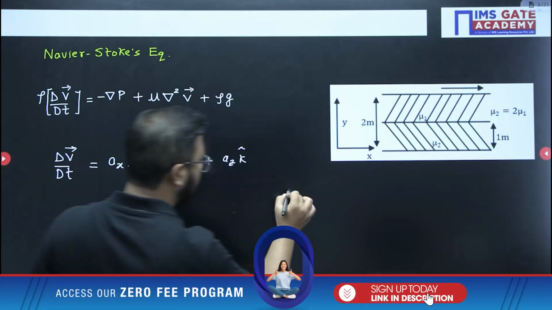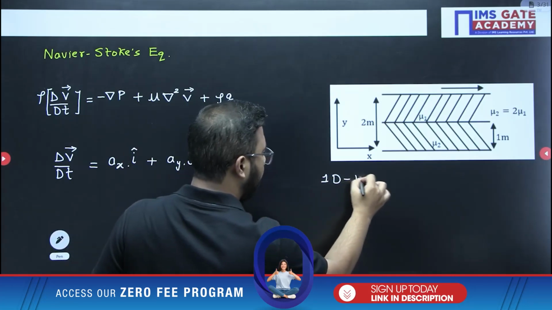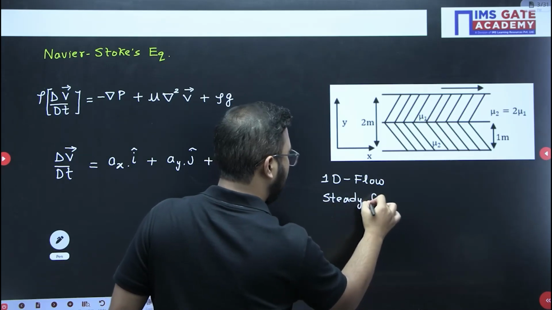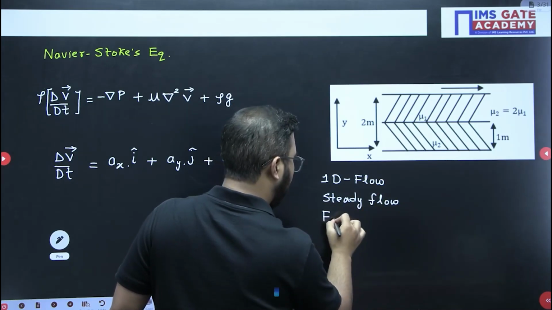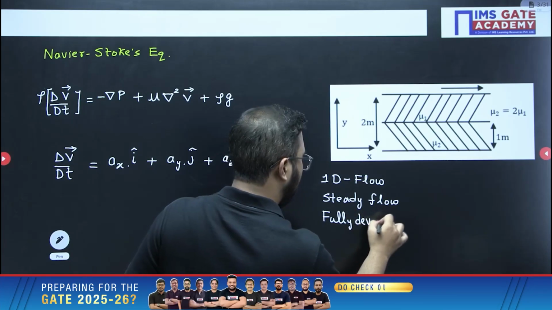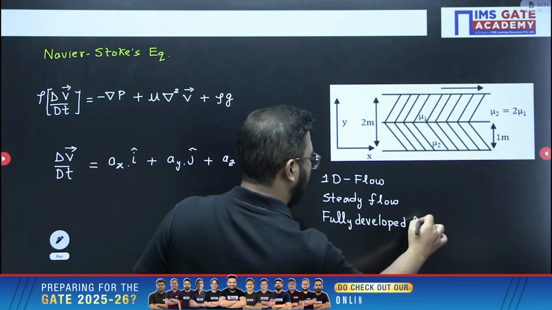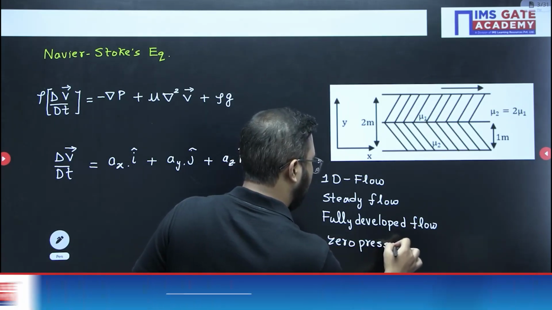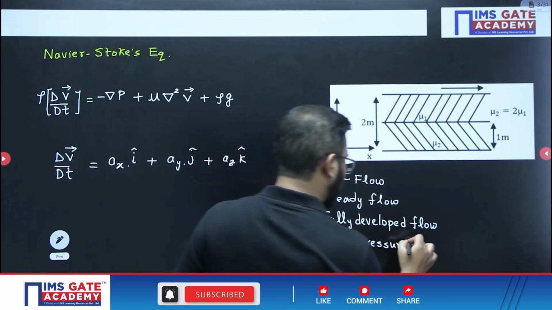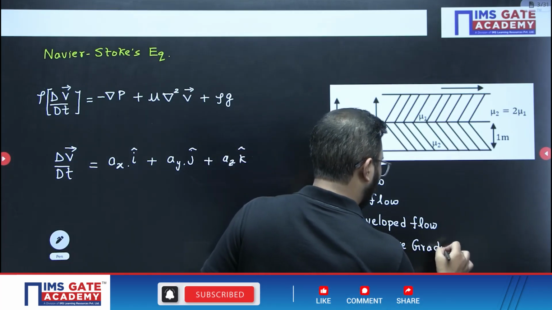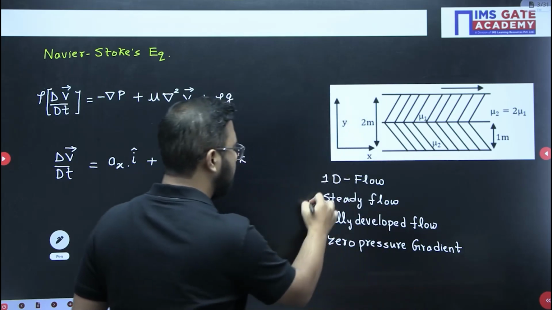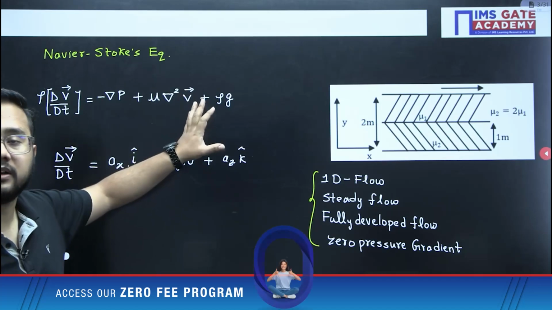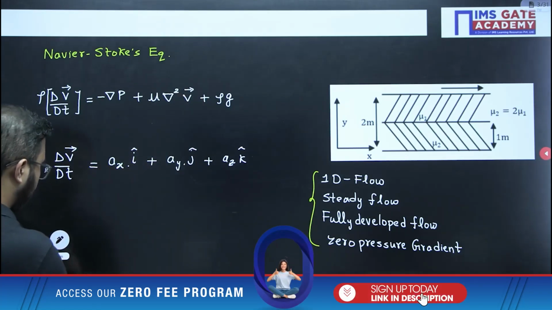In this question you should remember the assumptions: one-dimensional flow, steady flow, fully developed flow, and zero pressure gradient. These are the assumptions that they have taken. Because of these assumptions, the Navier-Stokes equation will convert into d2u by dy square.